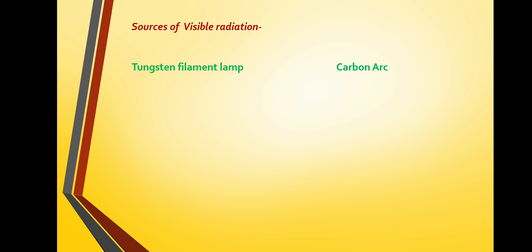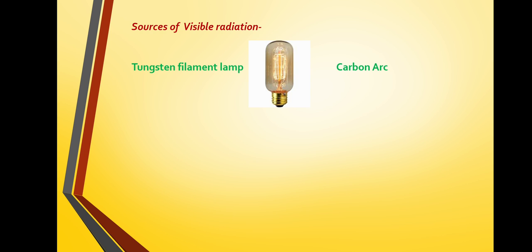The next is sources of visible radiation. Tungsten filament and carbon arc are generally used as a source of visible radiation. The tungsten filament lamp is the most commonly used source for visible radiation.